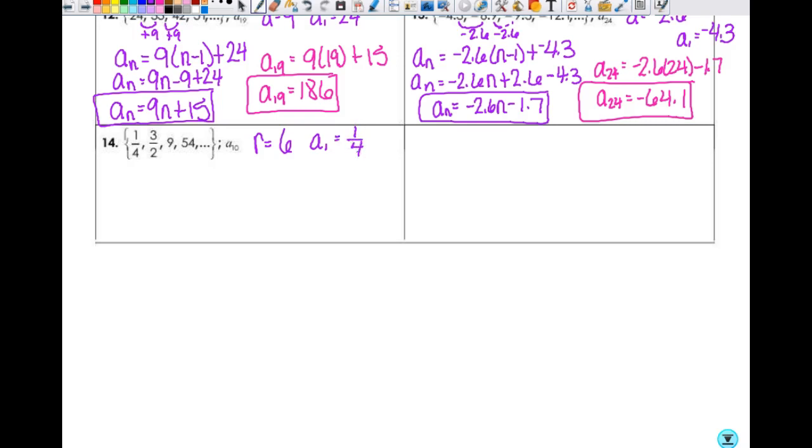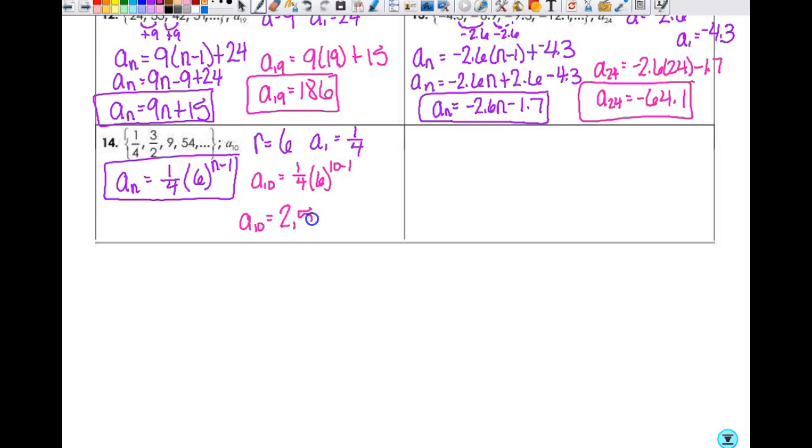This is a geometric sequence, so I substitute into the geometric formula, A sub n equals A1, which is 1/4, times r, which is 6, to the n minus 1 power. There's no cleaning up needed there. Then I need to find A10. So A10 is going to equal 1/4 times 6 to the 10 minus 1 power, or the 9th power. And you get A10 is equal to 2,519,424.